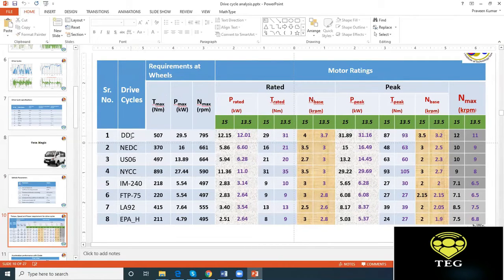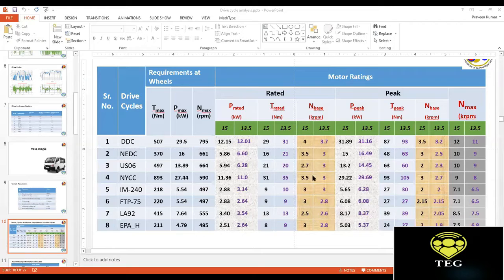If you are looking at the Delhi drive cycle, the maximum torque that we need at the wheel is around 507 Newton meters. That much is the maximum torque that the wheels would need if driving on the Delhi drive cycle. The maximum power that the wheel would need is around 29.5 kilowatts, or very close to 30 kilowatts. And the maximum speed of the wheel is around 795 RPM.